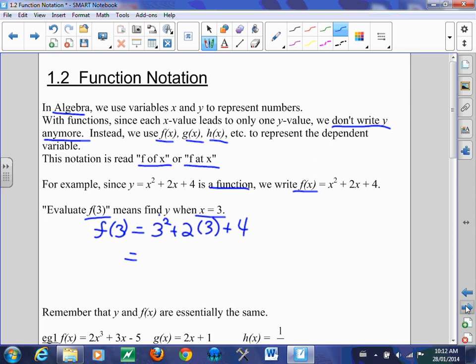You don't need to show me all these steps, but if you need help, 9 plus 6 plus 4. You could plug that right into your calculator at this level, grade 11, and go right to the answer. So I don't need that mid-step unless you want it. You should end up with 19. What does that mean? The y value on your graph when x equals 3. All right? Good.